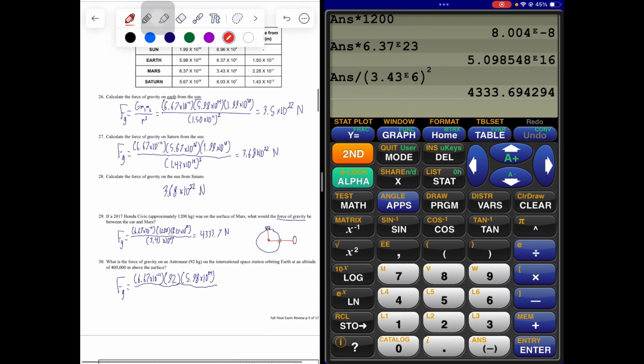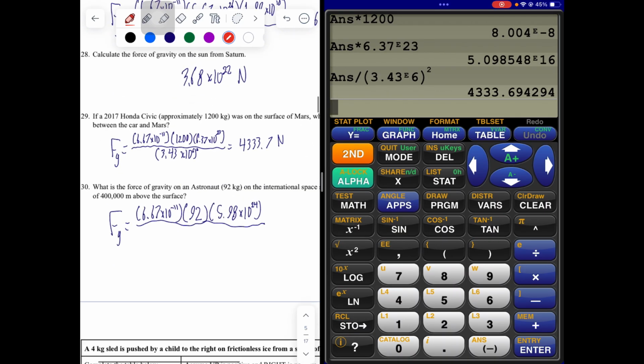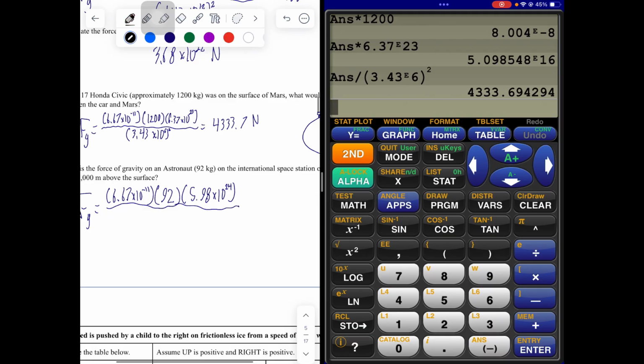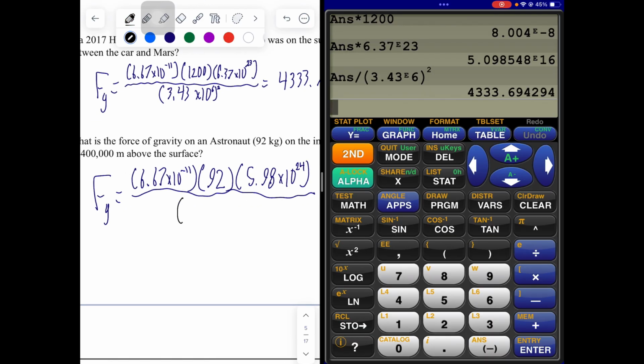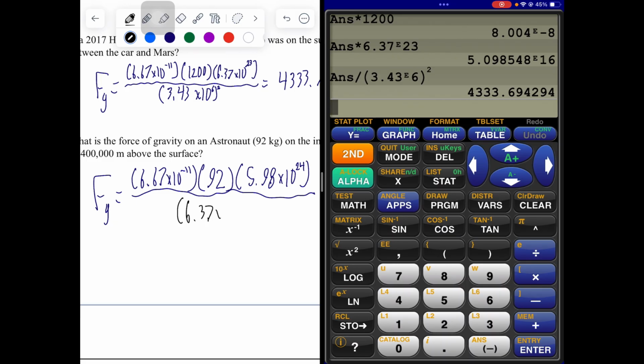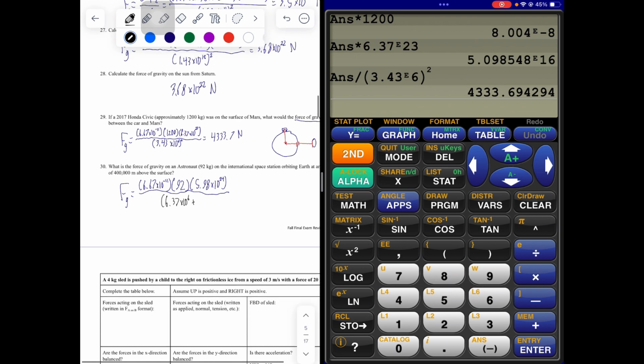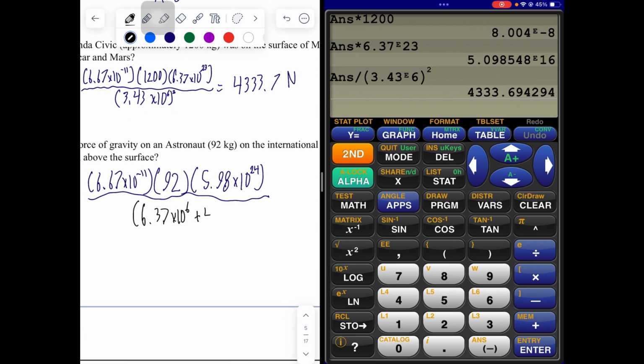We know the radius of the Earth is 6.37 times 10 to the 6th. So we can say, okay, 6.37 times 10 to the 6th plus our 400,000 meters.